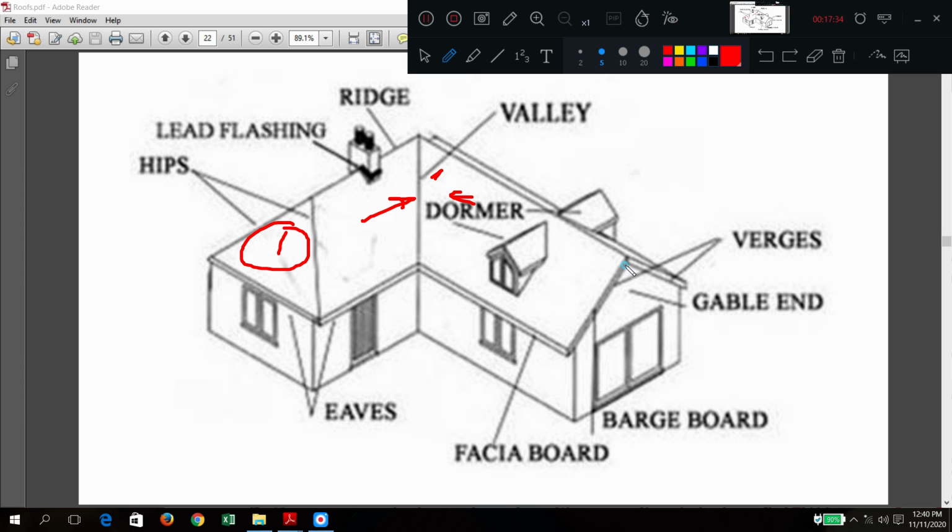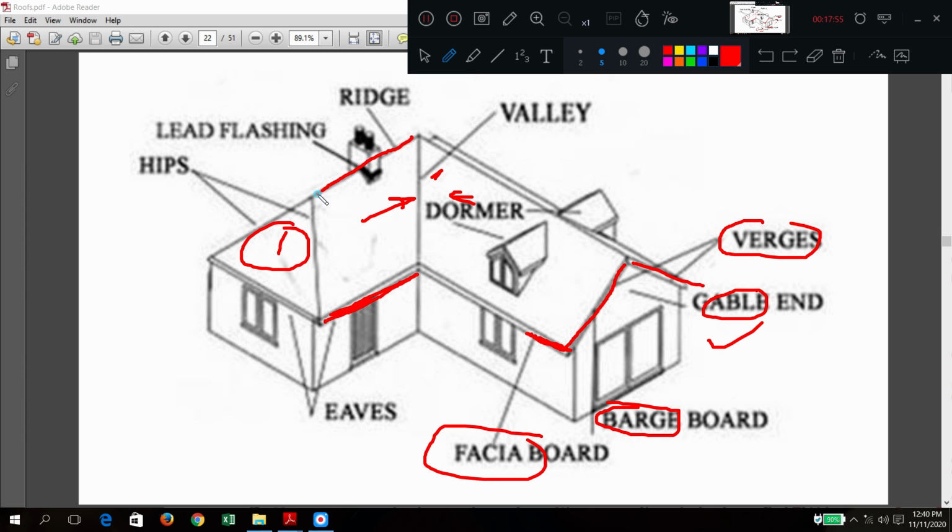So verges are what? Edges of the gable ends, correct? If gable is the triangle portion, verge will be its edge. Eaves board means they will appear like here. Another name is also given, don't worry. Eaves are nothing but the bottommost portion. So ridge is the topmost portion.